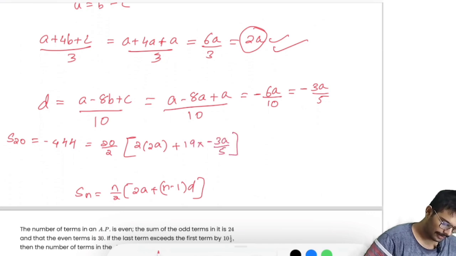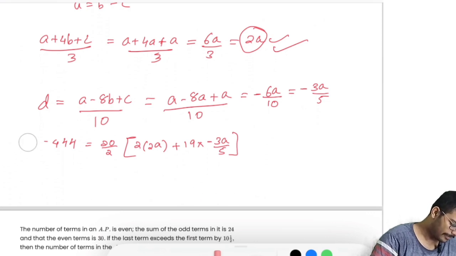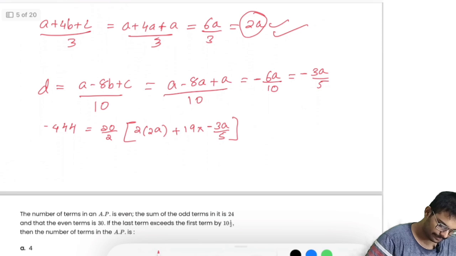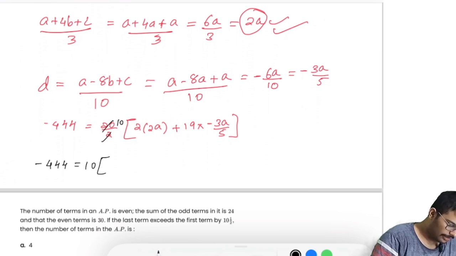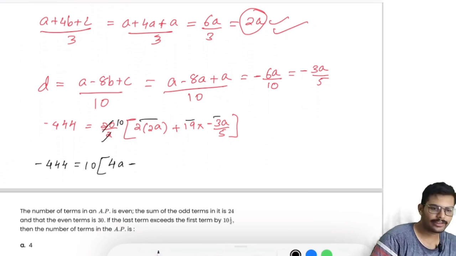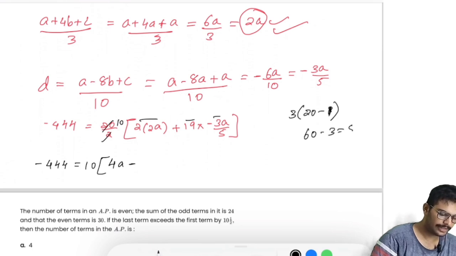Now, we can simplify this equation. We will get the value of a. Now, 20 by 2 will be 10. Minus 444 equals 10 into 2 into 2a, that is 4a, minus 19 into 3. 3 into 19 is 60 minus 3, which is equal to 57.